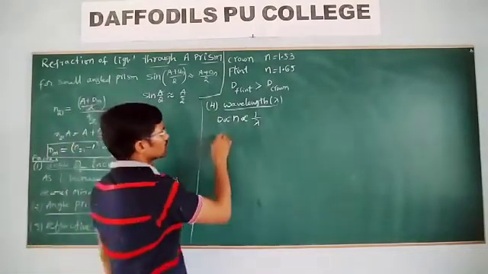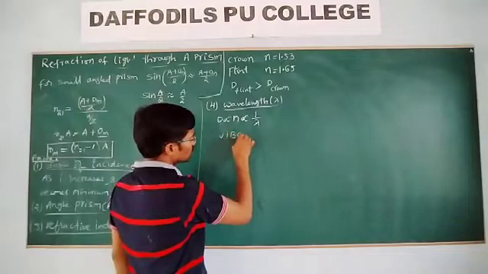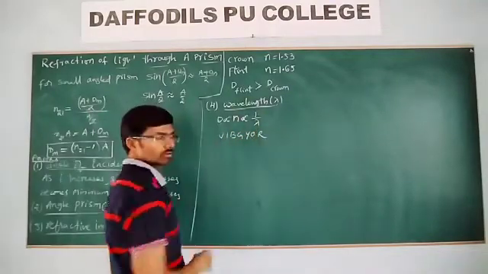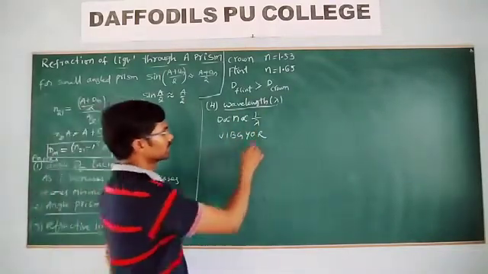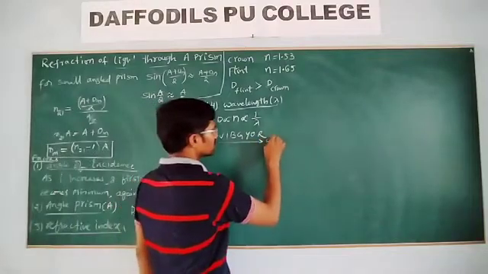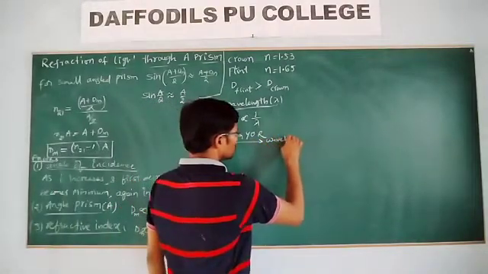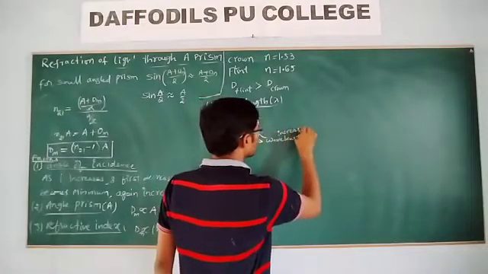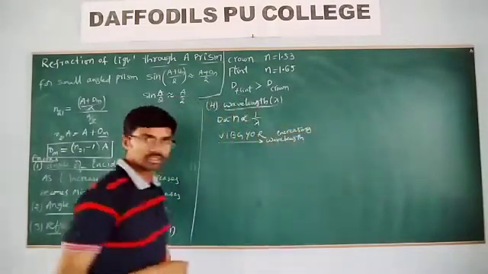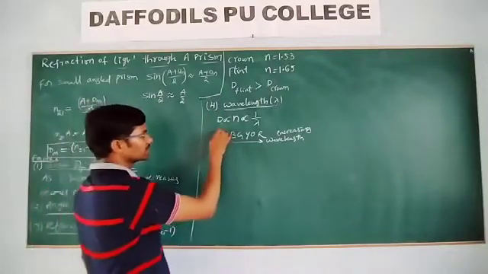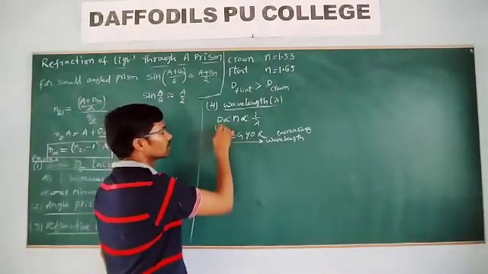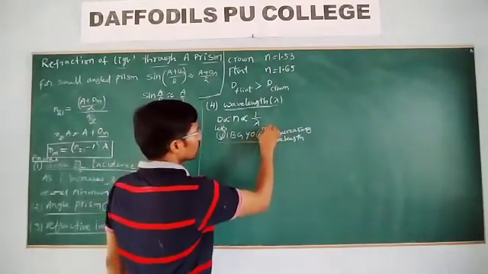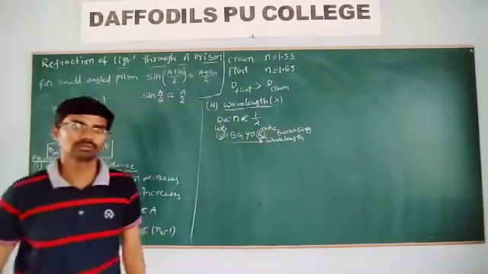We know from violet to red, the wavelength is increasing. So violet has less wavelength, red has more wavelength.